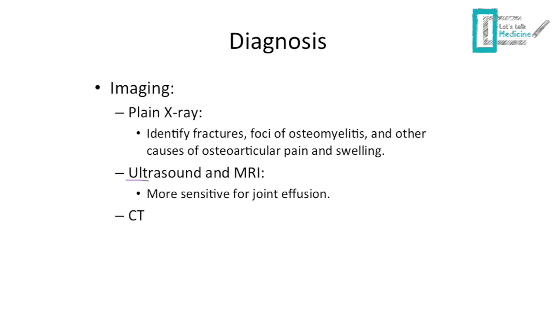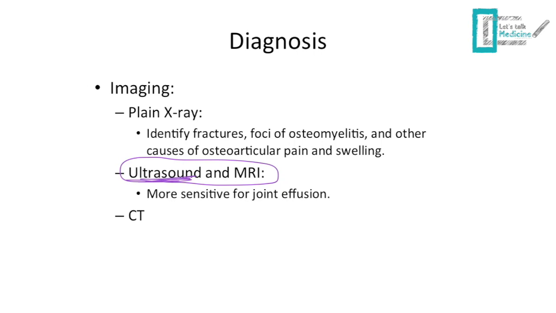Ultrasound and MRI are the best ways to get evidence of joint effusion, which with the clinical presentation can give you the diagnosis of septic arthritis. However, we usually use ultrasound in pediatrics because it's more cost effective, more rapid and easily accessible, and there is no need for sedation in children.